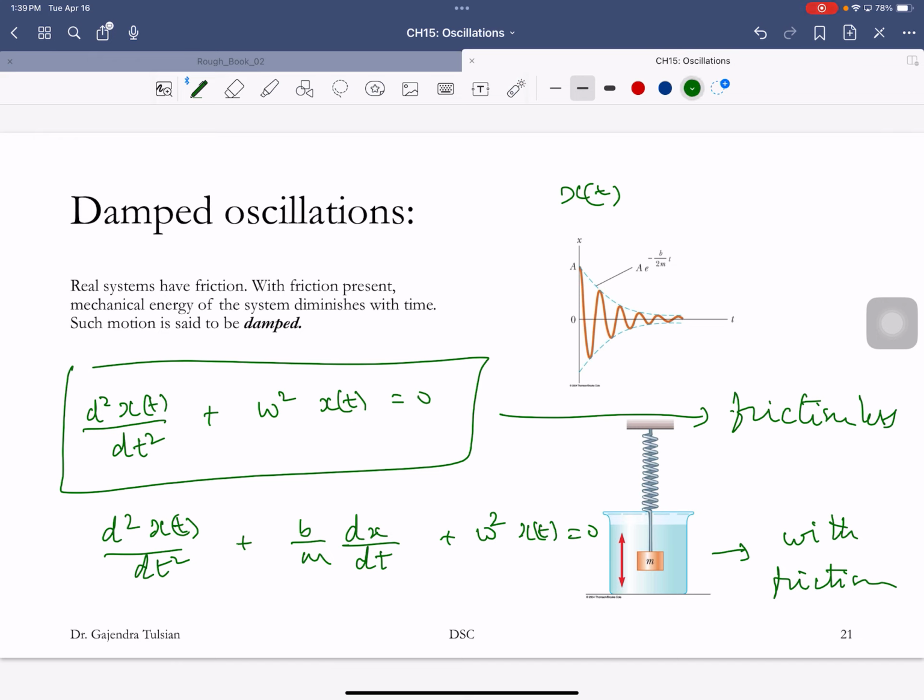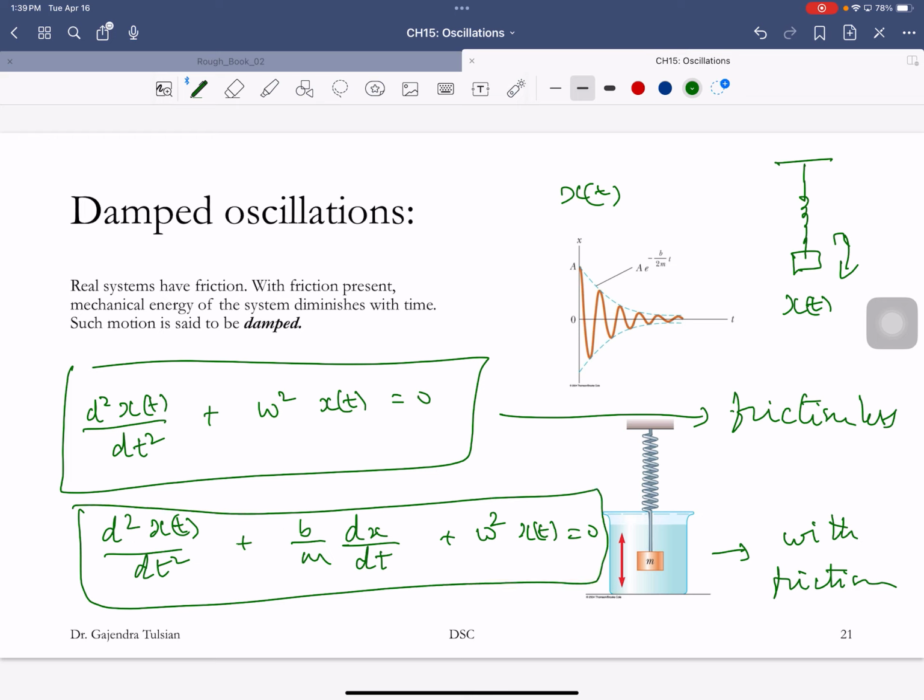Okay, so if this guy is oscillating in air, there is no friction, and the behavior of this guy is given by this equation. The same guy, you put it in a beaker of water. Now the behavior of this guy is given by this equation. So you guys understand? Different systems, different mathematical model.